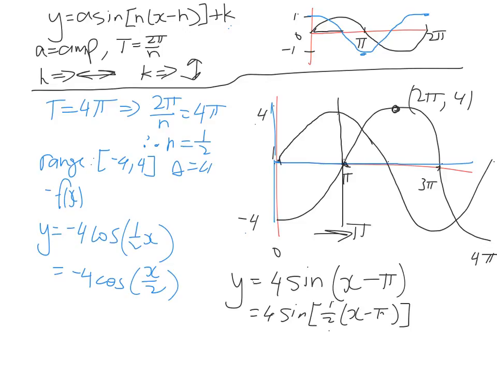This half, that's the coefficient of x, and that allows us to have a period of 4 pi. And then we will also include our phase shift. We've got to make sure we put this inside a set of brackets because our phase shift happens before our dilation.